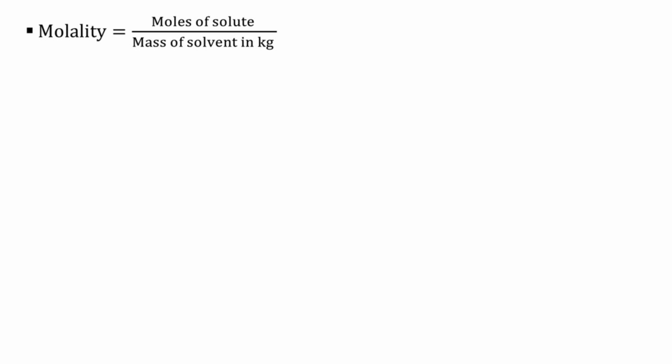Another sub question was asking to calculate the molality, which is the moles of solute divided by the mass of solvent in kilogram. So here we don't divide by the mass of solution or the volume of solution. For this kind of concentration, we divide by the mass of the solvent only in kilogram, and the solvent here is water.